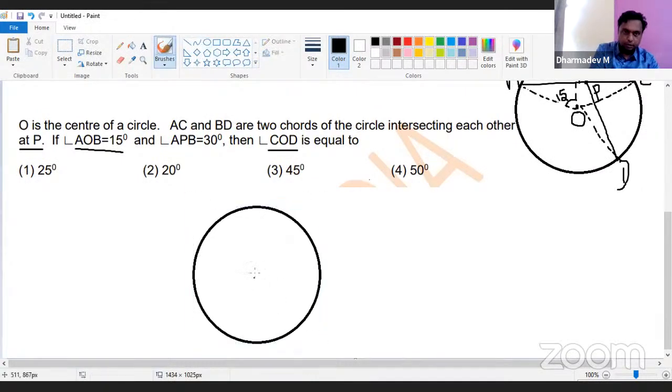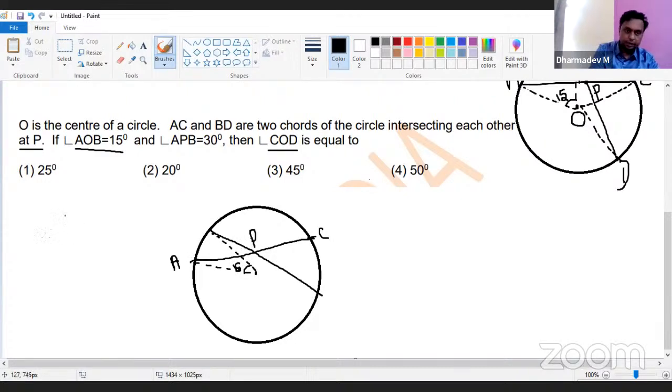I'm taking A as this point, and C as this point. So in these, AOB is a short one, it makes only 15 degrees. This is B. The line crosses like this and goes to P over here.